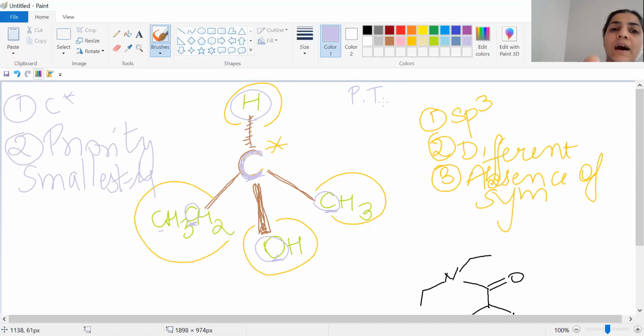And we see hydrogen has the smallest atomic mass, and we label this group as number 4. Oxygen has the highest atomic mass, so we label this group as number 1. The competition is between the methyl and the ethyl group.